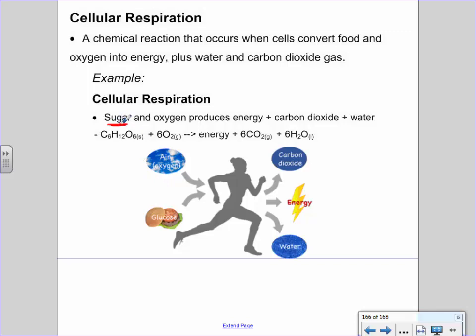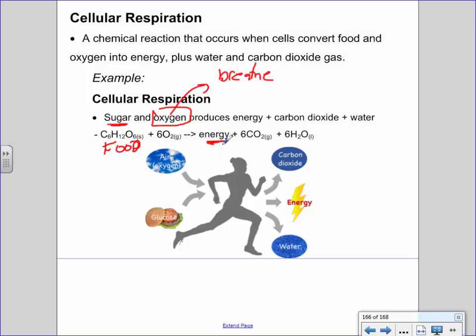Your body will then take that sugar, and because we breathe in oxygen gas, it gives us the energy we need to go do stuff. So when we eat food and our body turns it into sugar, and we breathe in oxygen gas, it gives us energy.